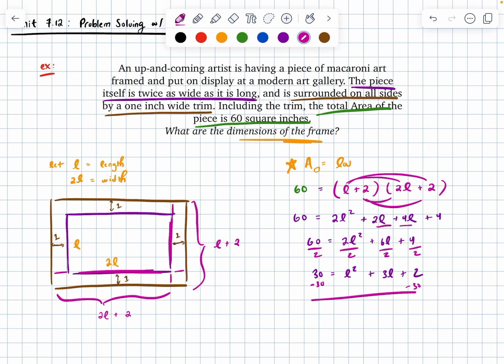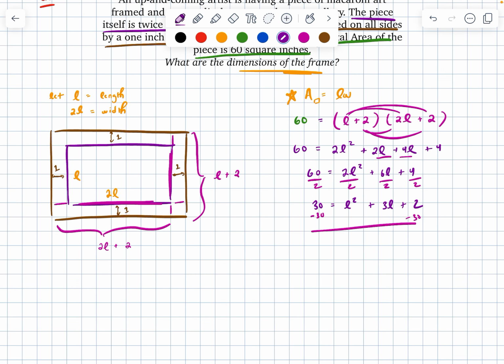Now I can go through and subtract 30 from both sides to get my 0 on the left. And I didn't need to make this choice. But when I do, notice now that this polynomial is going to have some nice, smaller, friendlier numbers to work with. Not only that, but it's going to be a quadratic trinomial with a leading coefficient of 1.